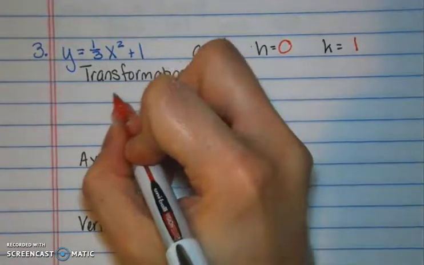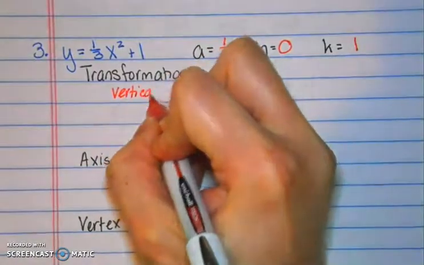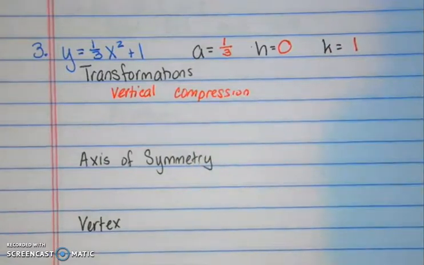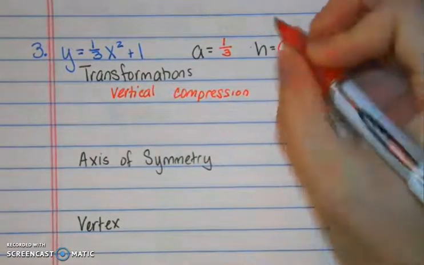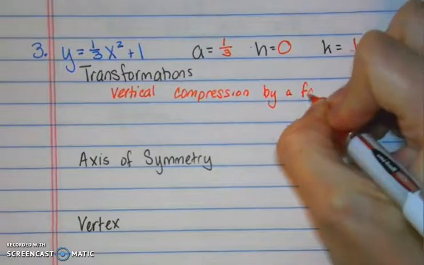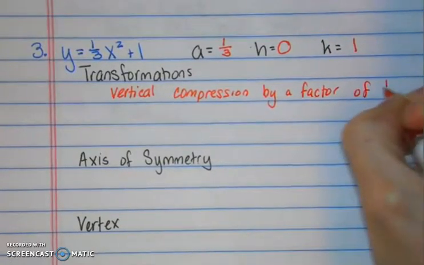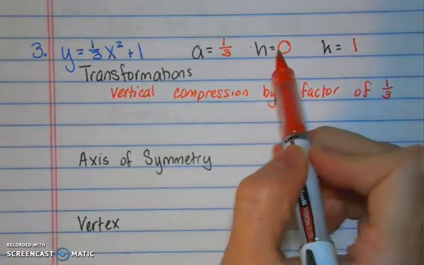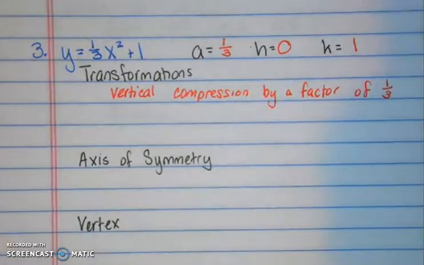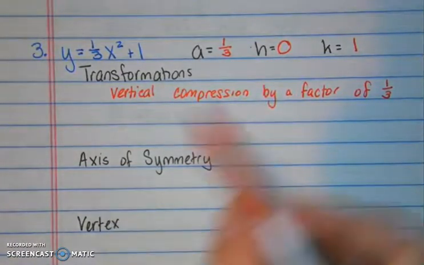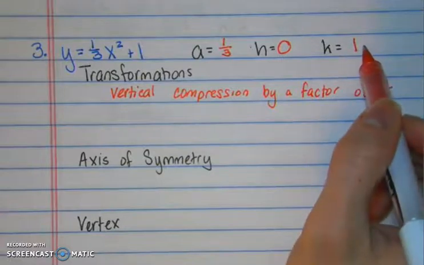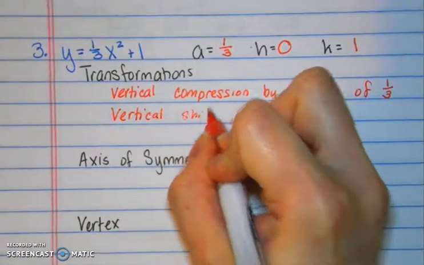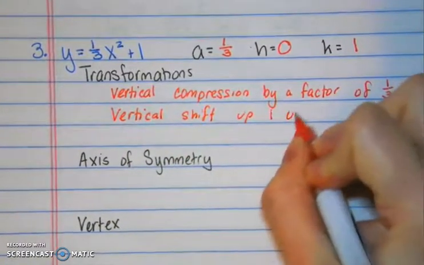There will be a vertical compression because a is a fraction, and we would say that it is a vertical compression by a factor of 1/3. h is 0, therefore there is no horizontal transformation. k is 1, so there is a vertical shift up 1 unit.